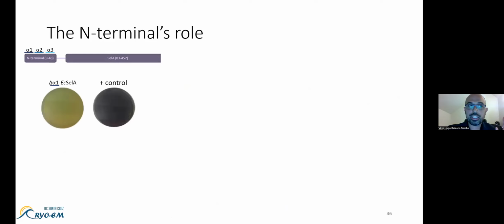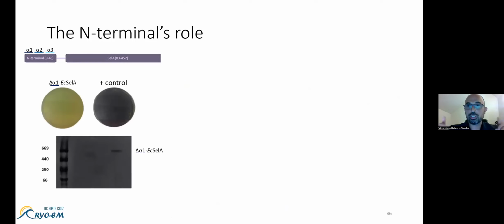But if you truncate alpha 1, the first portion of the N-terminal, you stop the SelA function, but you don't stop the homodecamerization, which means it's not the entirety of the N-terminal that is important for the homodecamer assembly, but only the first 9 amino acids that are critical for the tRNA D arm recognition.